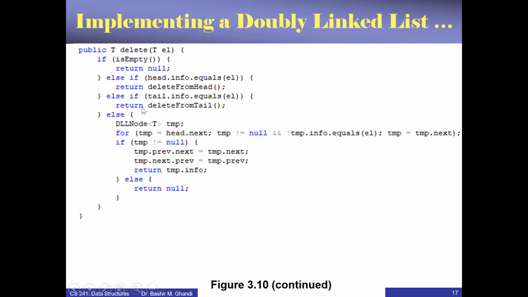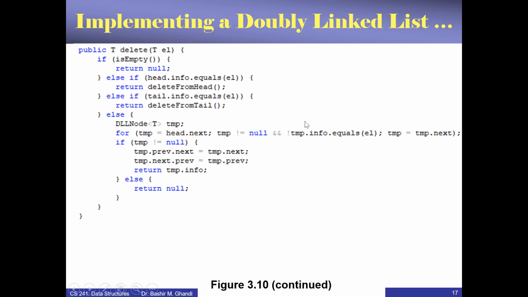Now if none of these 3 cases is the case, what it means is our target could be somewhere in the middle of the list. So we have to traverse the list from the beginning to try and locate it. This is where the difference comes, comparing this method with the one in singly.